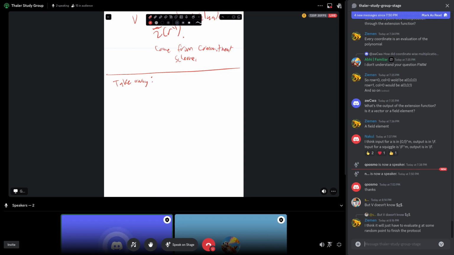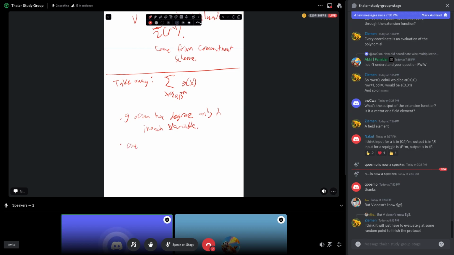So remember, sum check computes the sum over x in {0,1}^m of g of x. In applications, g often has degree only 2 in each variable. It can sometimes go a little bit higher, but let's just say 2.